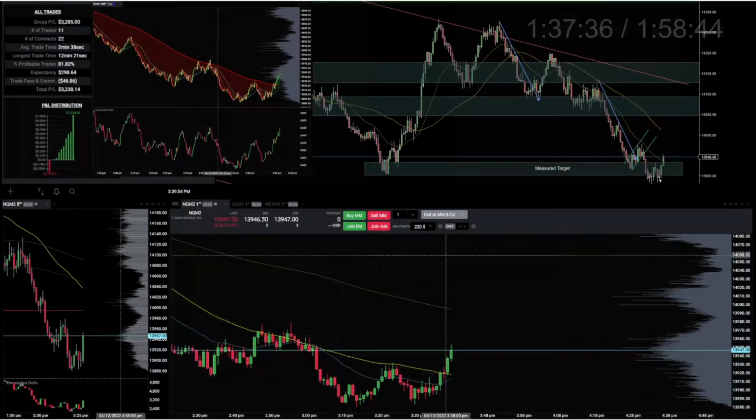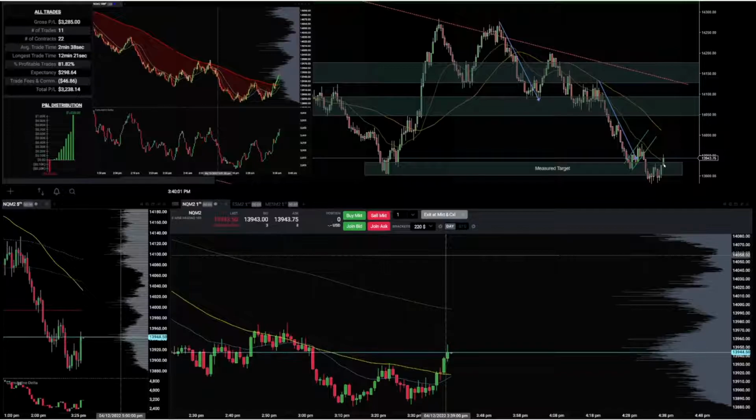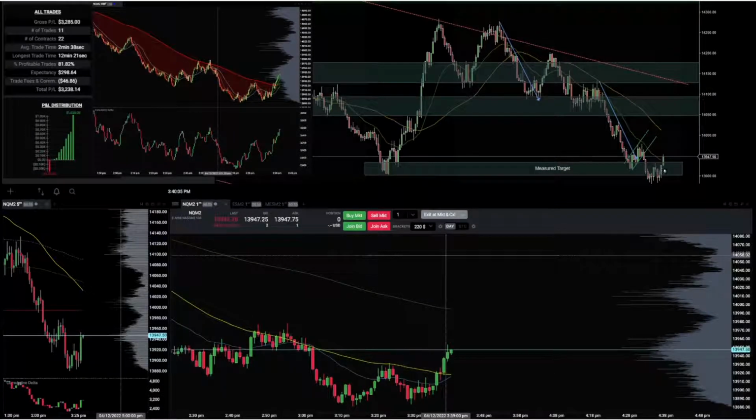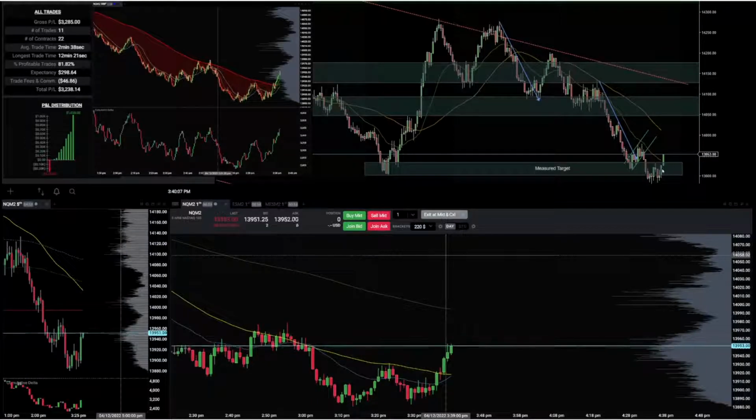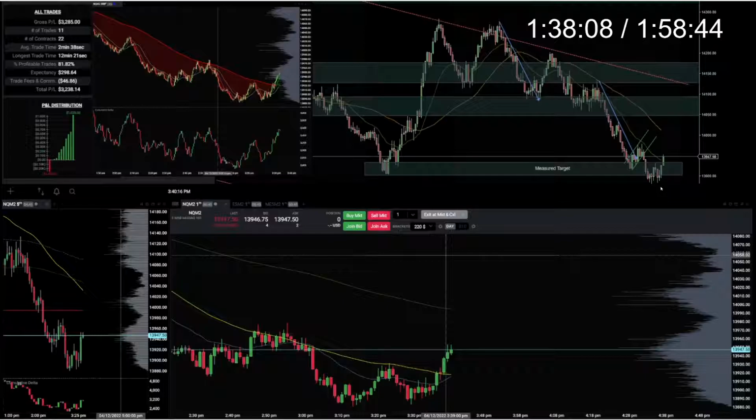See, you already got trapped here, and your stop loss is where? Right here, right above this level, or right above this wick. I don't know how tight your stop loss is, but this is what is fueling this move, your stop losses, or whoever is trying to short this move here.